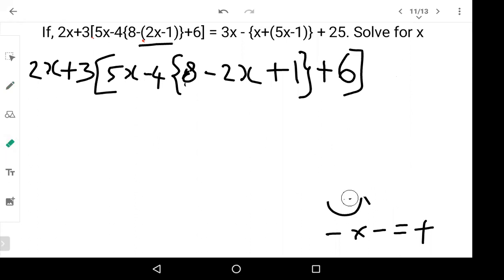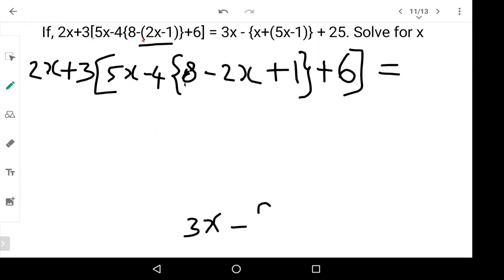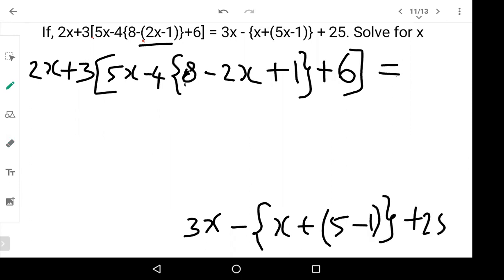Okay, now this was your left hand side of the equation. Now let us go to the right hand side of the equation. The right hand side is 3x minus, flower bracket, x plus, square bracket 5 minus 1, close, plus 25. This is the second expression which is given. Now in the right hand side, I don't have space here after equal to, so I'm writing it below.